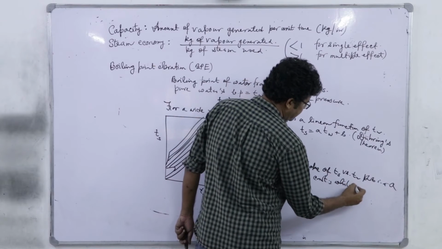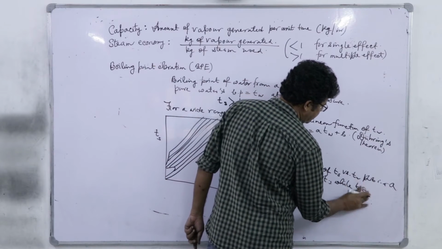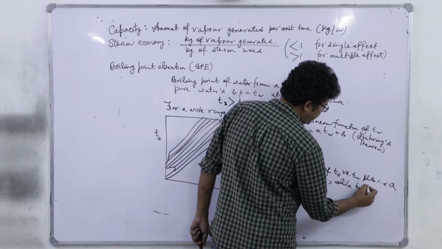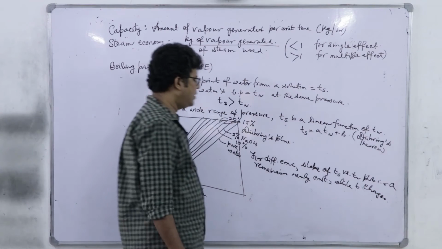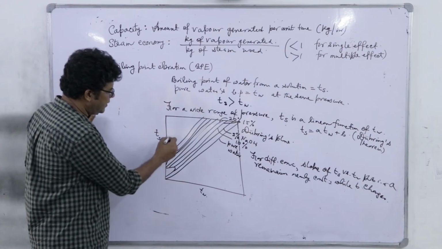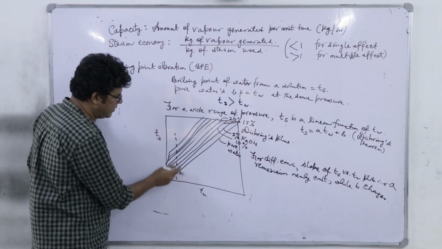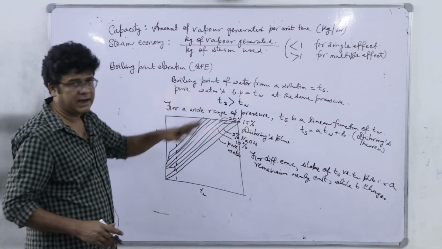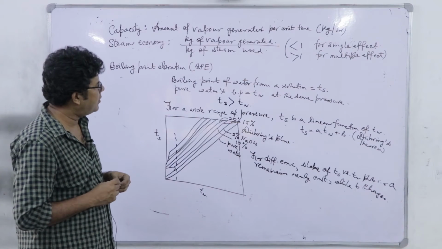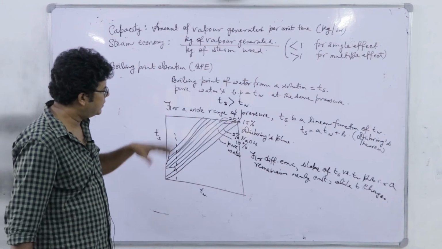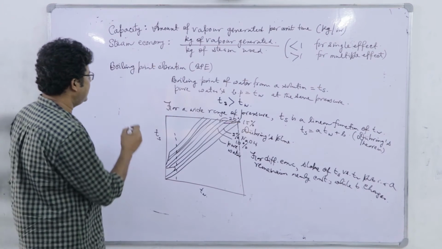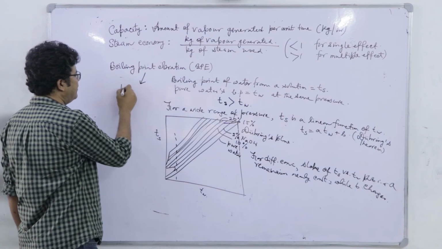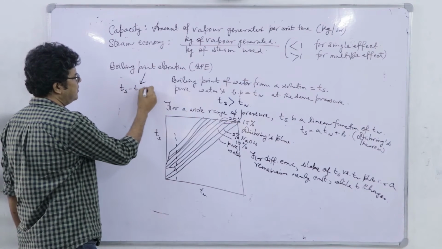While B, the intercept, changes, right? Definitely there is some initial region where the linearity is not maintained, but after that we have a fairly accurate linear curve, right? So, this is called the boiling point elevation. So, basically you see the boiling point elevation we write as Ts minus Tw, BPE.